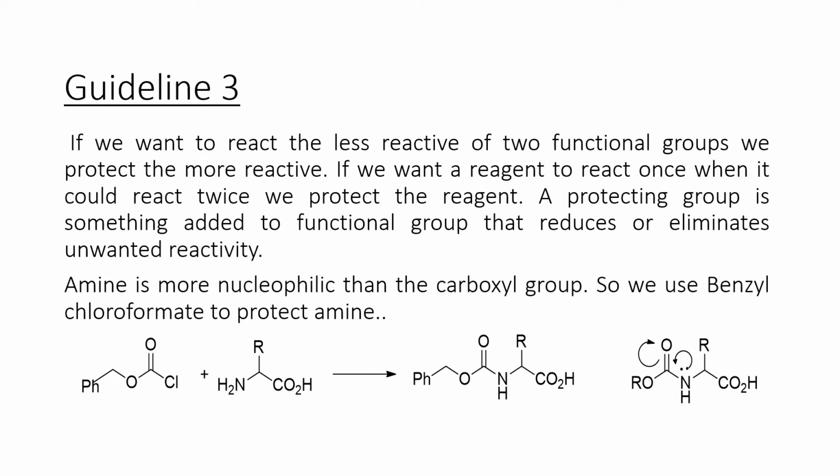Here, if we want to react the less reactive of two functional groups, we protect the more reactive. If we want a reagent to react once when it could react twice, we protect the reagent. A protecting group is something added to the functional group that reduces or eliminates unwanted reactivity.